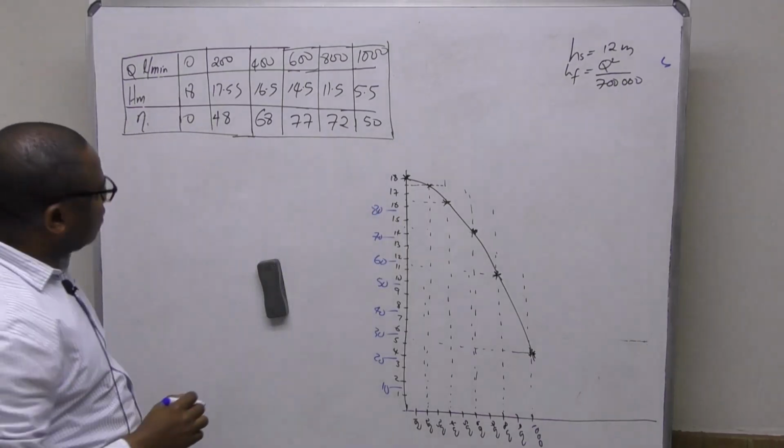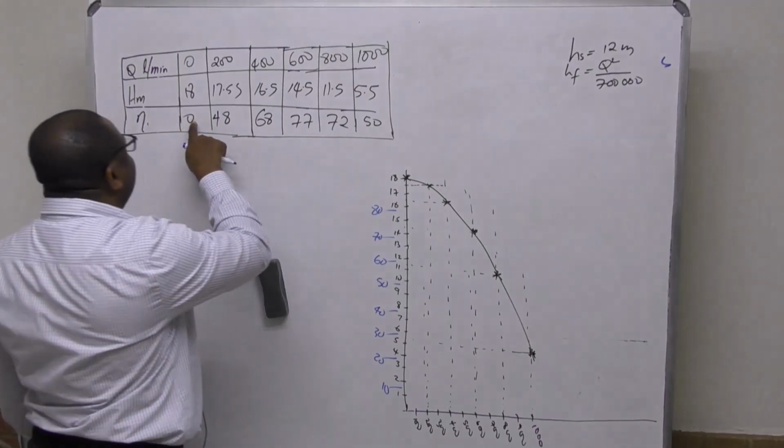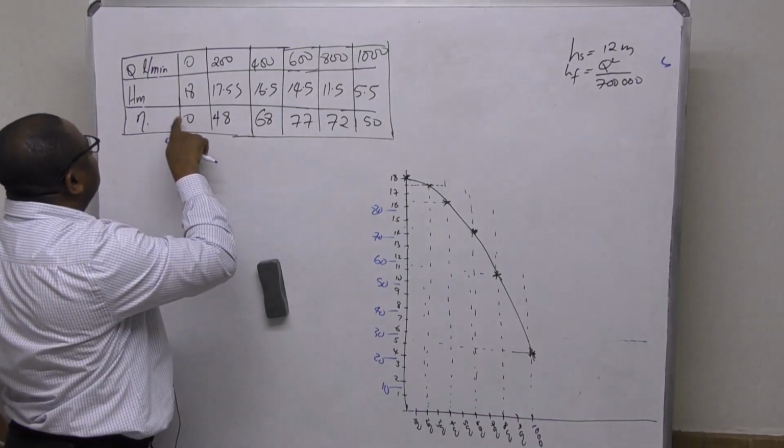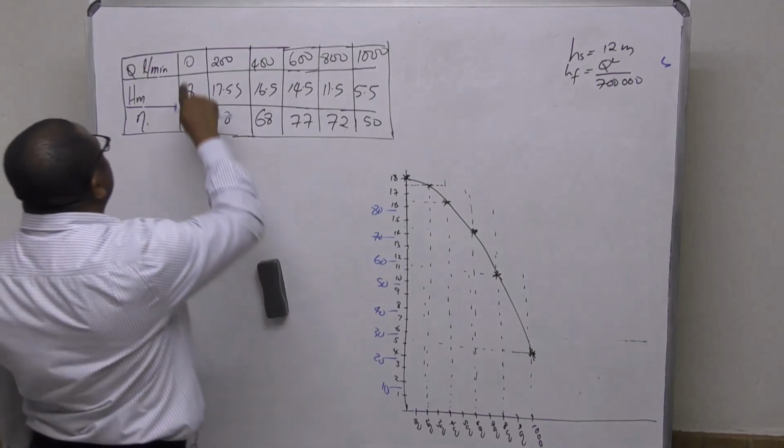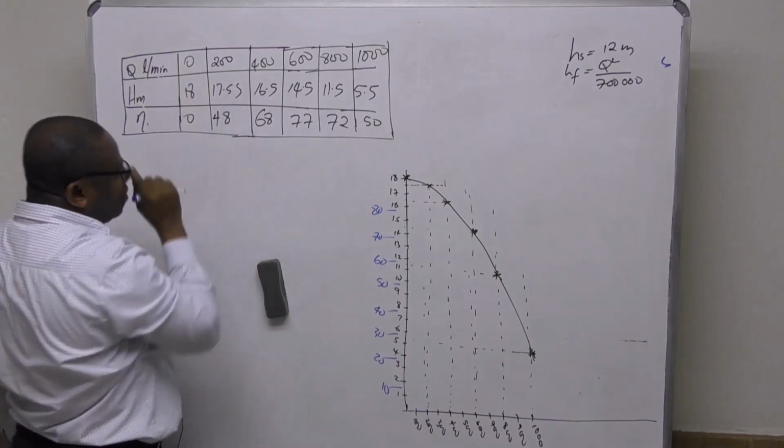Okay, so if I want to plot efficiency, at a flow of 0, efficiency is 0.